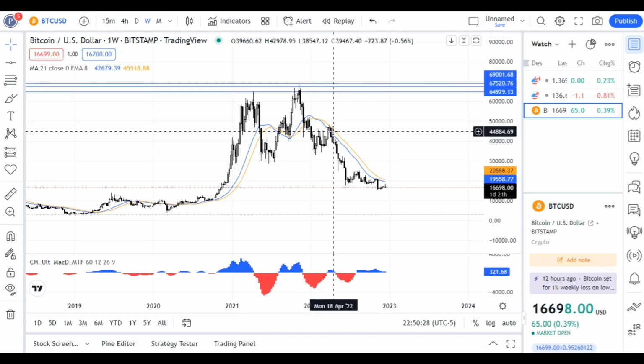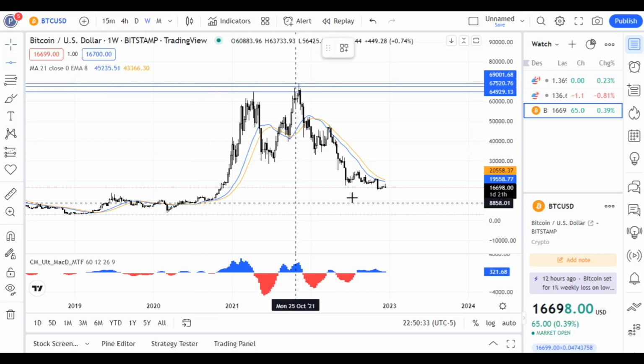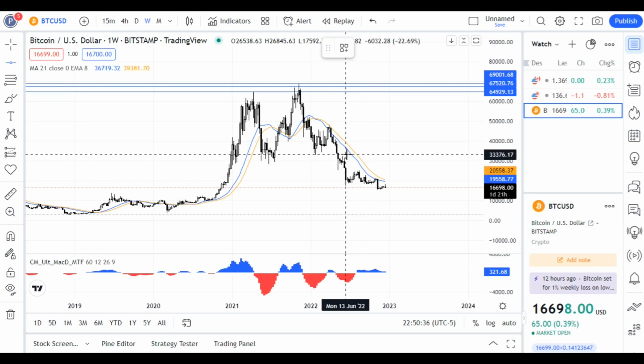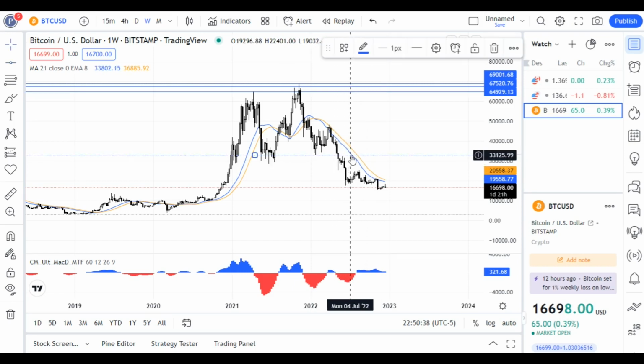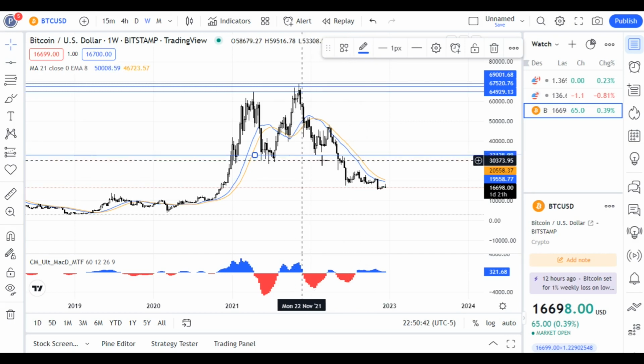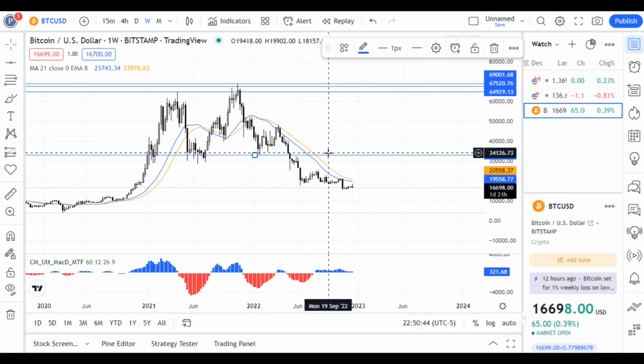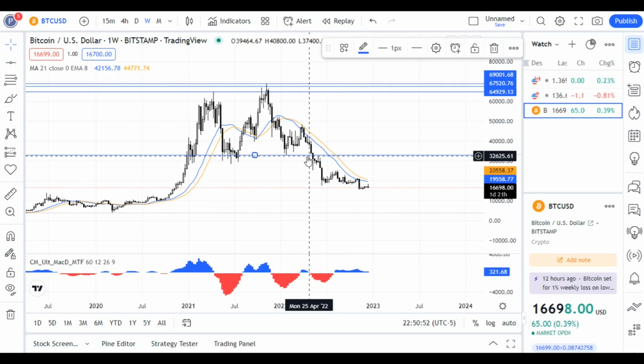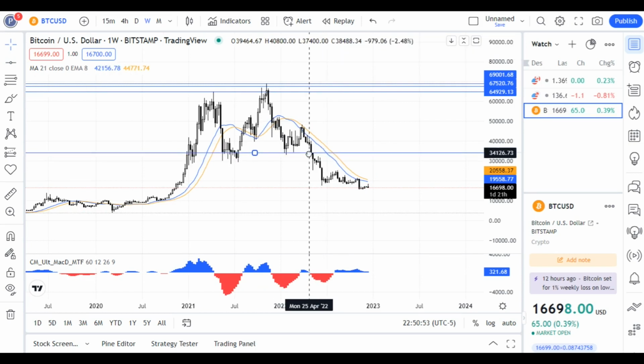We know it's weekly, so you have to open your eyes to get these levels right. With much time on the chart, you will be able to familiarize yourself with it.